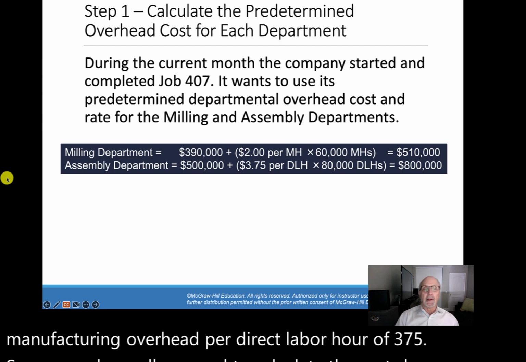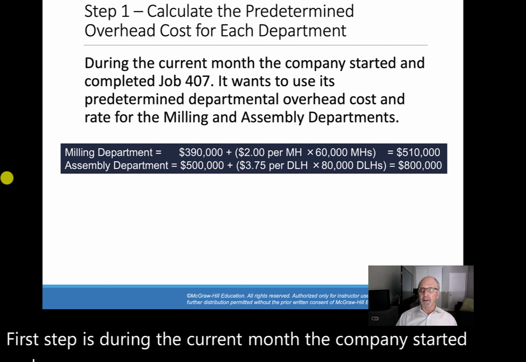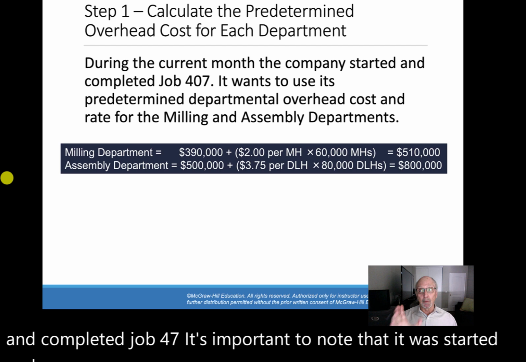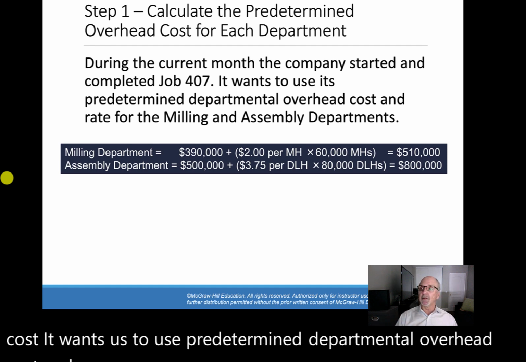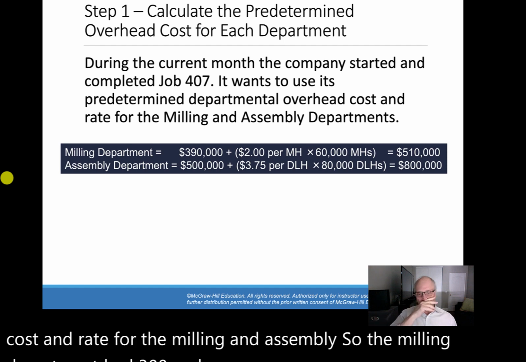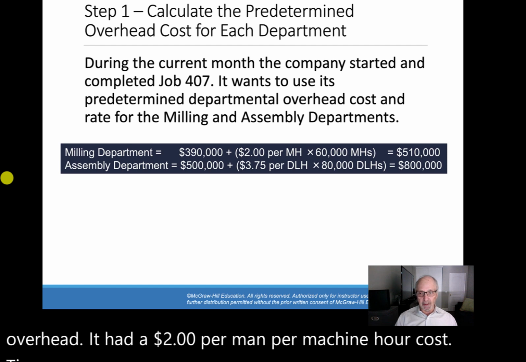First step is during the current month, the company started and completed job 407. It's important to note that it was started and completed because that's when we're going to need the cost. It wants us to use predetermined departmental overhead cost and rate for the milling and assembly. So the milling department had $390,000 of fixed manufacturing overhead. It had a $2 per machine hour cost times 60,000 machine hours.